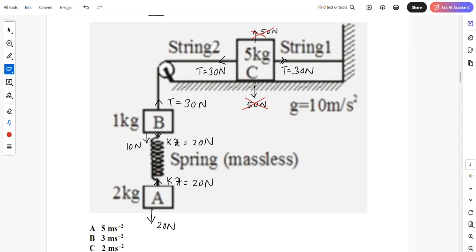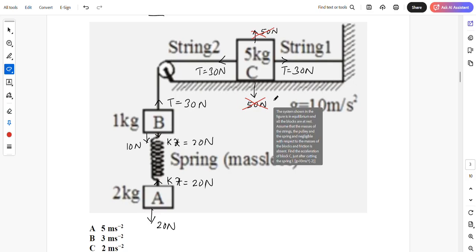Therefore, the string will have the same tension. How much is T here? 30 Newton, the same, since it is connected with the same string, and there is no effect of force because of this 5 kg block. This is string 1, this is string 2, and you have the same tension here.